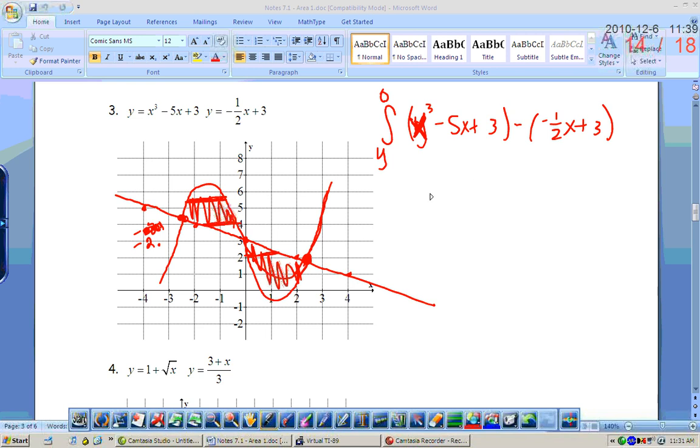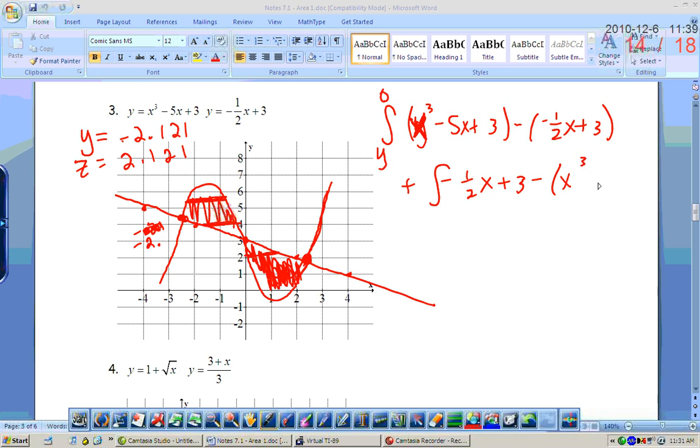X equals 0. And you really need to say somewhere that y equals negative 2.121, and z is positive 2.121. Okay, so my second little hump right here, top minus bottom, is going to be negative 1/2 x plus 3 minus the x cubed minus 5x plus 3.